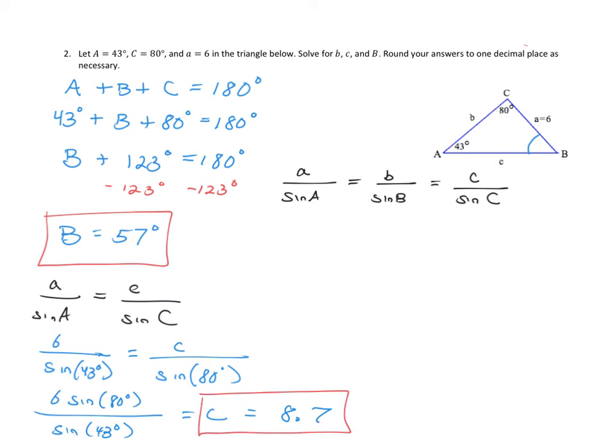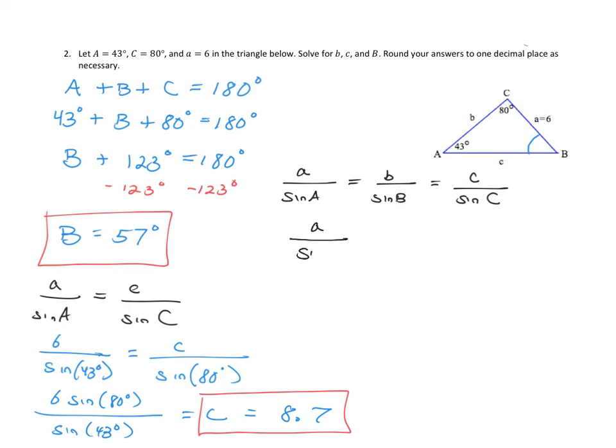Okay, great. So I know this angle. I know side C. I just don't know side B. But I think we can use the law of sines again to solve for B. I think I'll use angle A and side A, angle B, which is 57, and side B. It'll look like this.